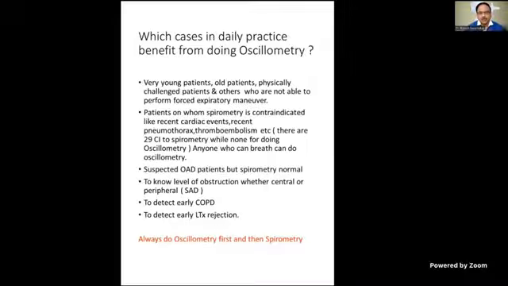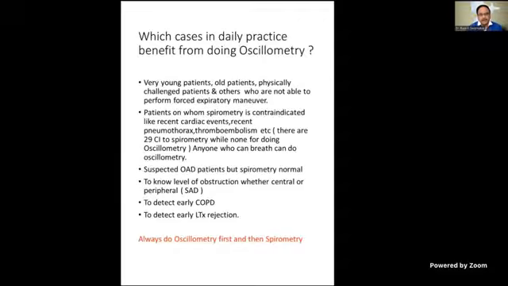So in patients with contraindications to spirometry, like recent cardiac events, recent pneumothorax, thromboembolism, you can do oscillometry because it doesn't cause any stress to any of your systems, and in fact it is said that anyone who can breathe can do oscillometry.